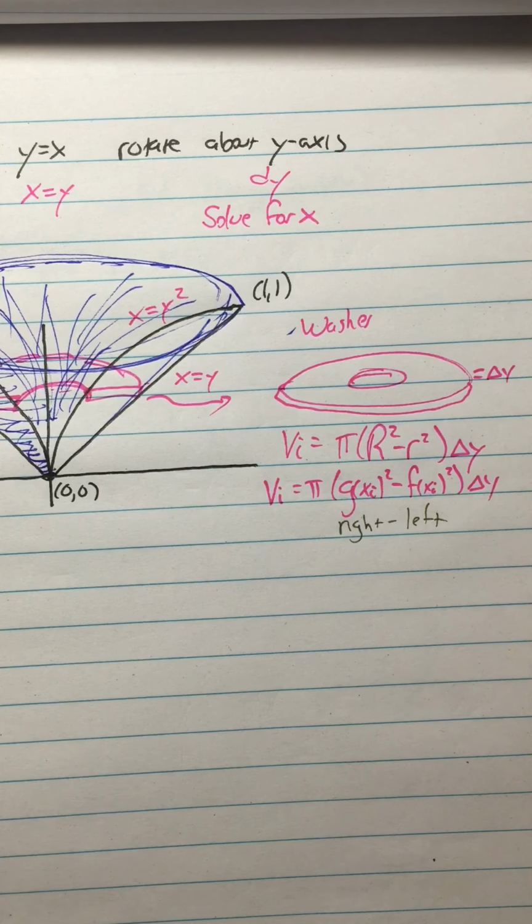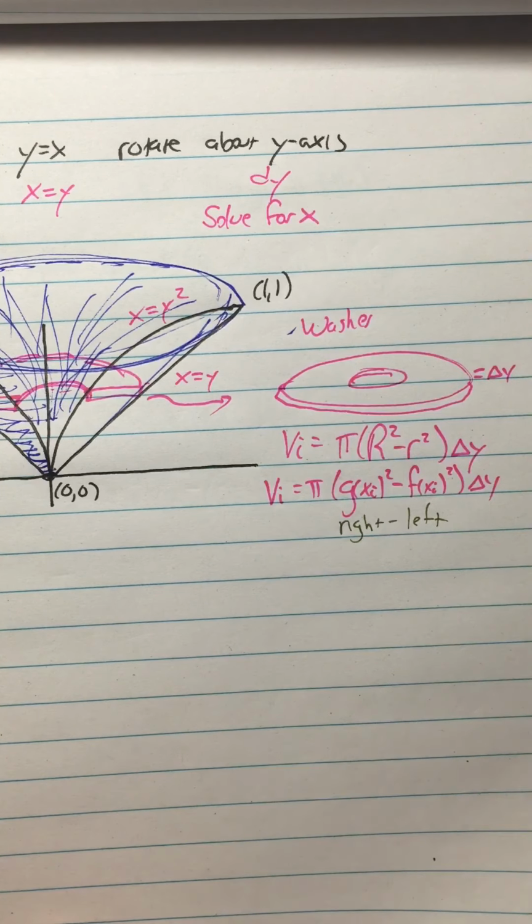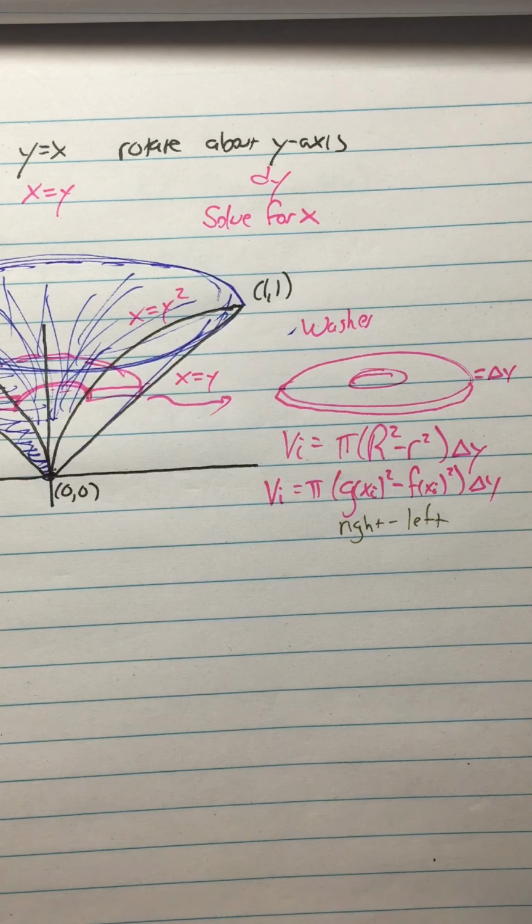Although with these 3D shapes, it's probably helpful to always think of it as outer minus inner, because we're going to move these things around and change their form a little bit. Outer minus inner is what you're doing, or you can think critically about what subtraction will get you a positive volume. Then at the end, if you got a negative volume, you probably need to switch those two.